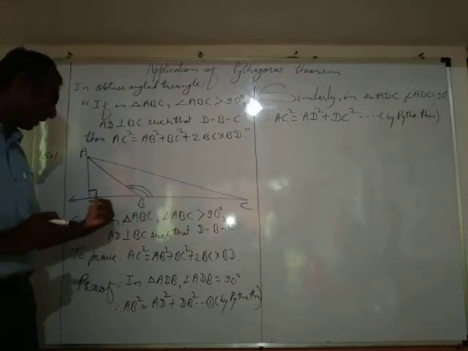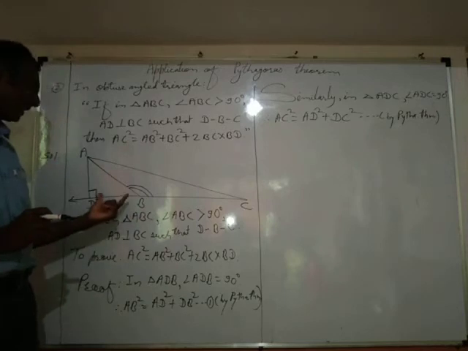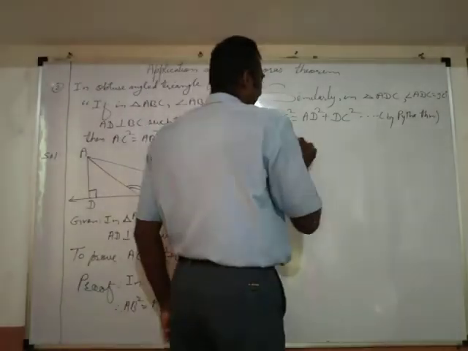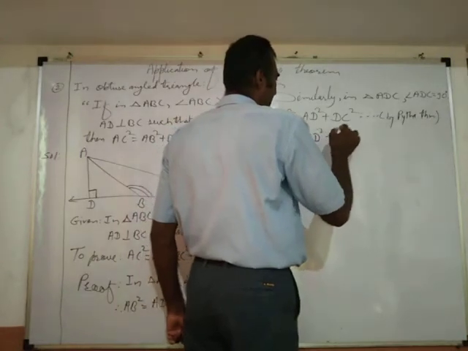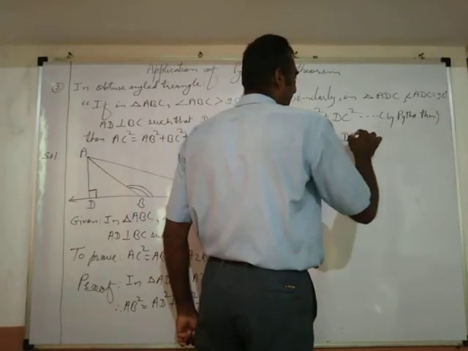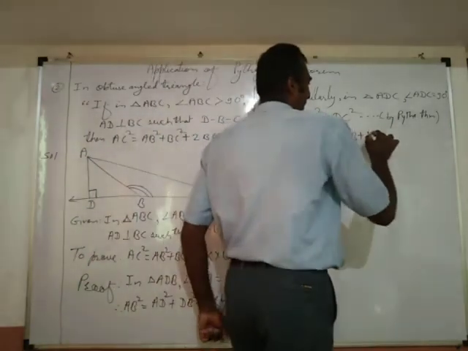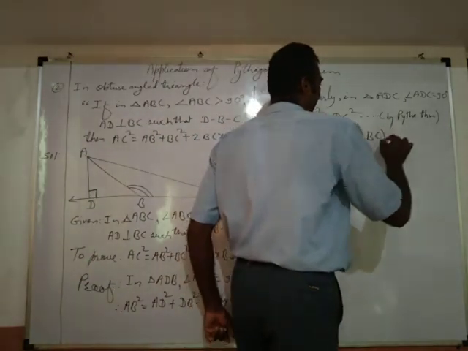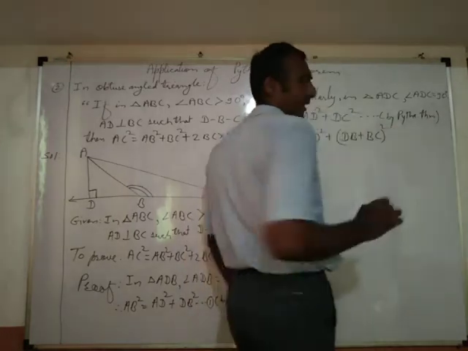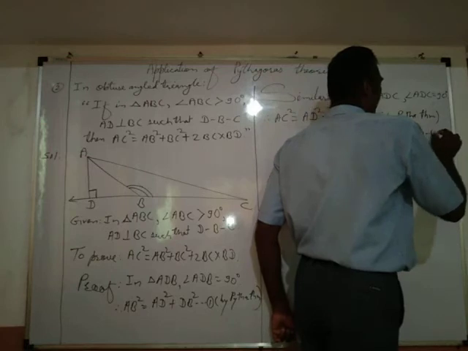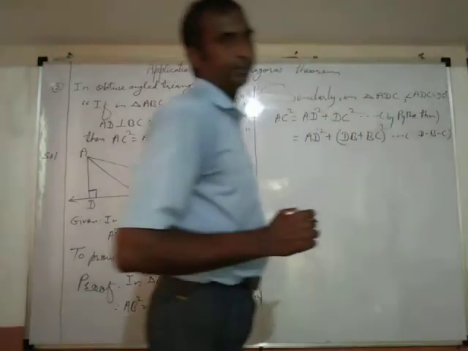That's why let's write DC as DB plus BC. Equals AD square as it is, DC we are going to write as DB plus BC, its square because there is DC square, since D dash B dash C.